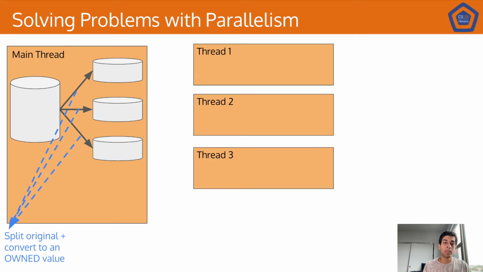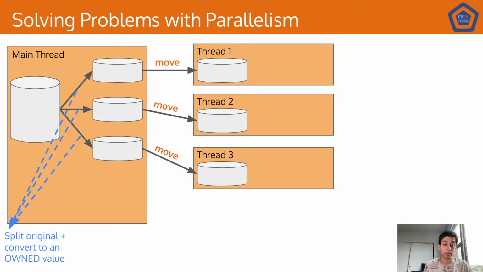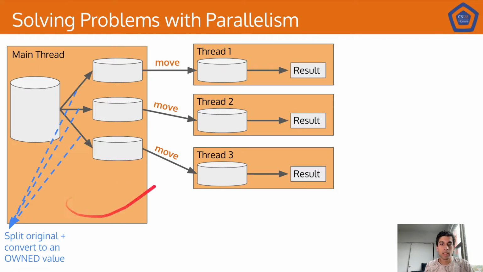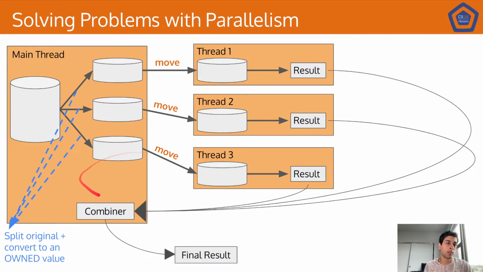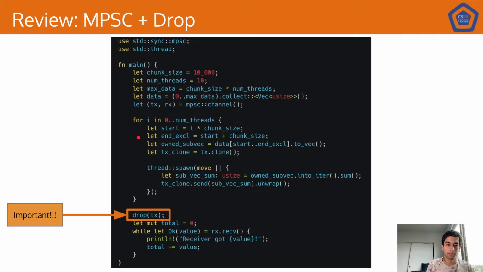Then we give each owned value to a thread using the move keyword, perform some computation within each thread, get a result, finally send each result back to the main thread using our channels, senders and receivers. And then we have some logic in the main thread to combine each of these results and give us our final result. Okay, so why do we actually need these owned values? Well, let's talk about that.